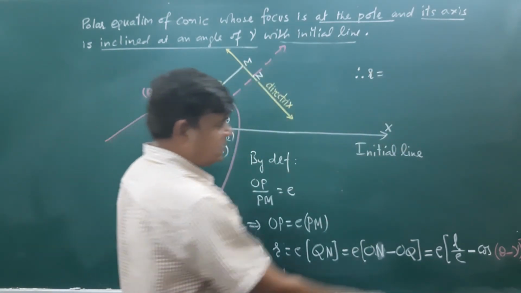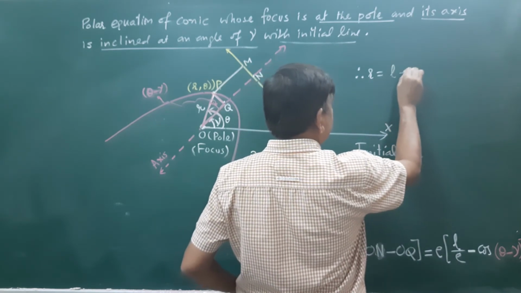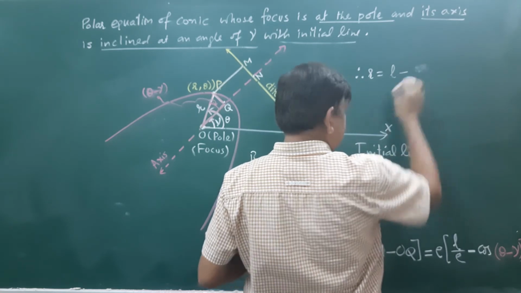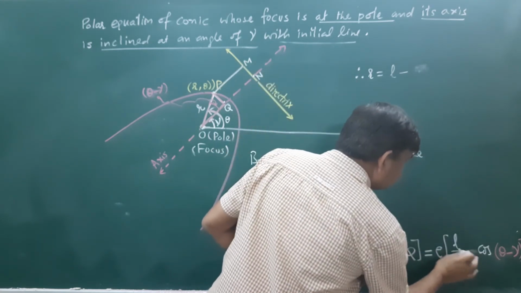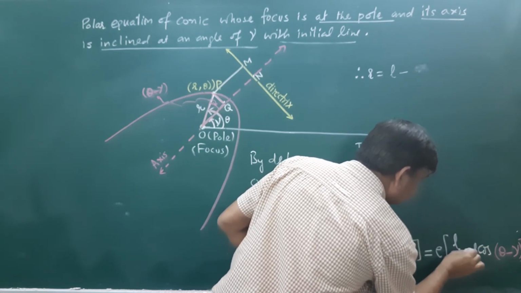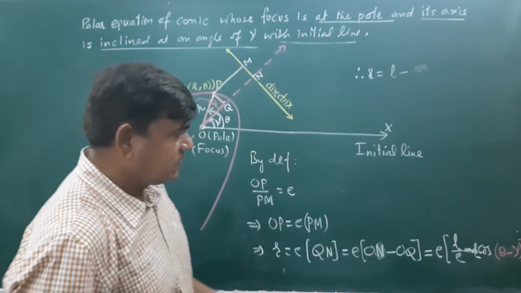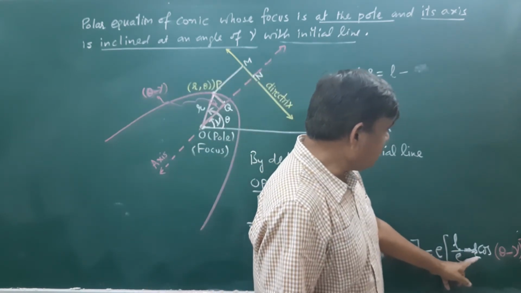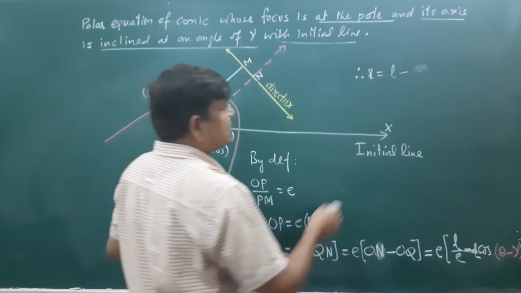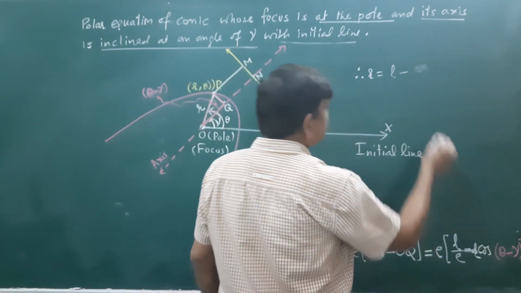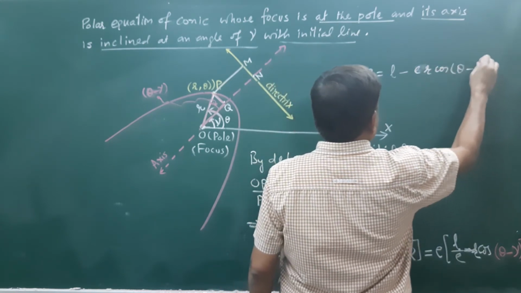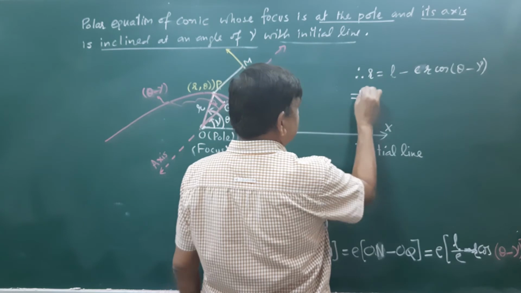Therefore, R equals L by E minus R cos theta minus gamma. So this is L minus E R cos theta minus gamma.